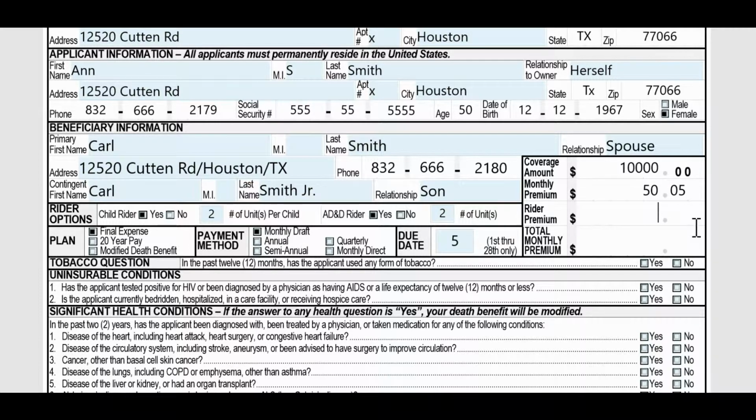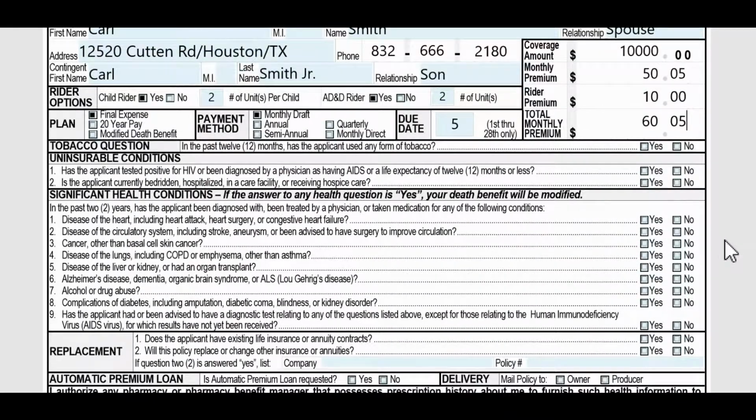You can check with the verifier at Lincoln Heritage to make sure the amount calculated is correct for the client. Then, if there are riders in the policy, we add the total of these charges as well. We will put the total amount for the child rider and AD&D rider. The last section is intended for the total premium to be paid monthly by the client for their coverage, being the sum of the monthly premium and the monthly premium for the riders.